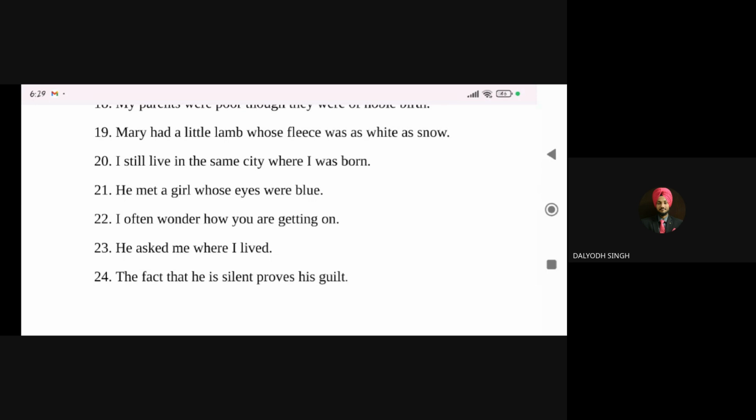23rd: He asked me where I lived. Adverbial? Look at the sentence closely before you give me the answer. He asked me where I lived. So "ask" is a kind of verb that you call ditransitive, which means it can have two objects, right? I asked somebody something.